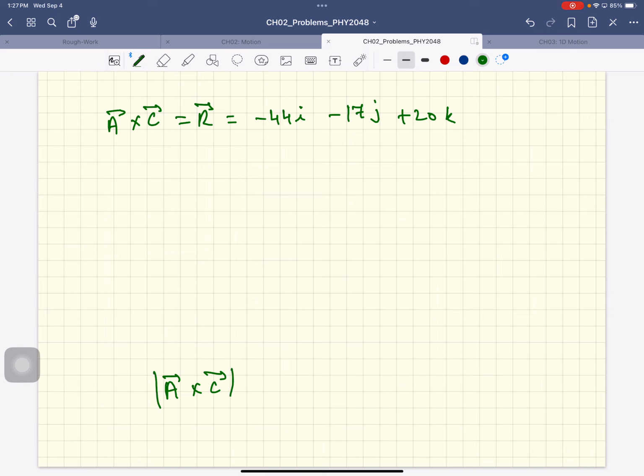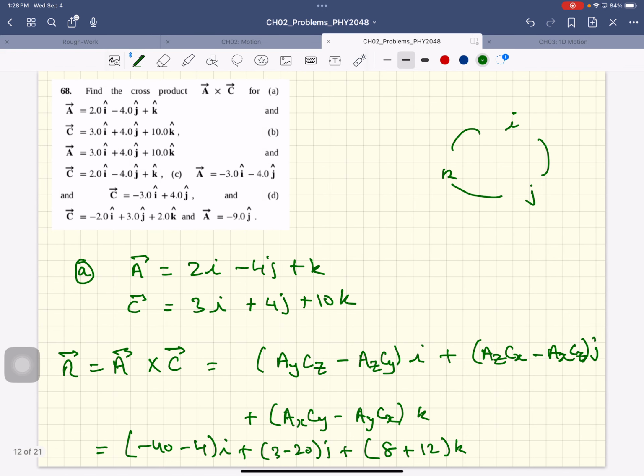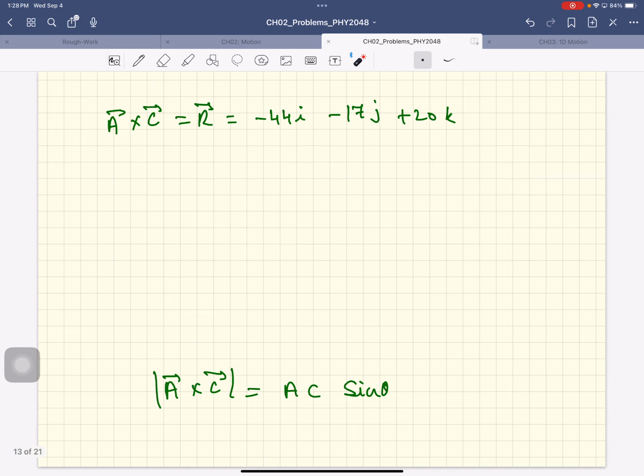So we said the magnitude of the cross product is given by the magnitude of A times the magnitude of C times sine of the angle between the two. Okay? So here's an interesting problem for you. Magnitude of A can be found here. Magnitude of C can be found here. How do you find the magnitude of the left-hand side?